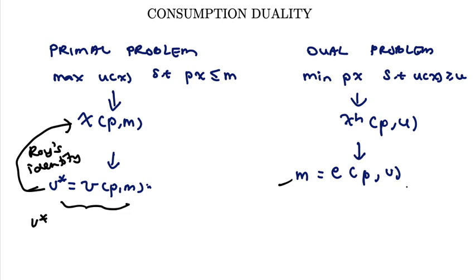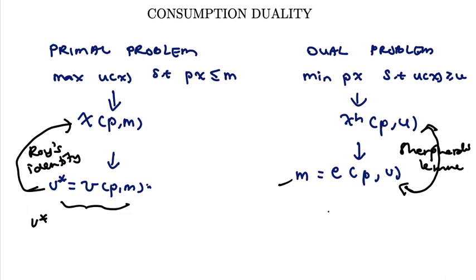Similarly, look here. If we differentiate the expenditure function with respect to price, we can have what we call Shephard's lemma, in order to obtain the Hicksian demand function from the expenditure function. So here, consumption duality can be seen as what?